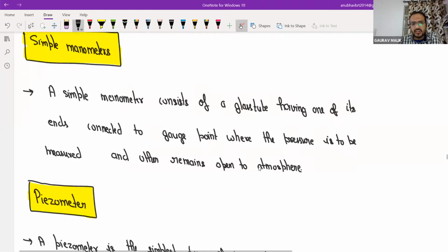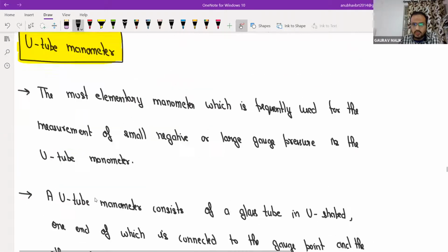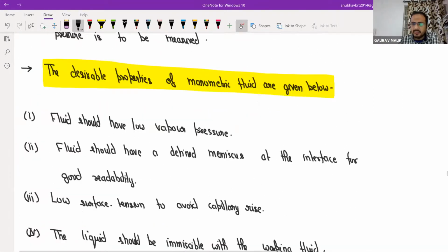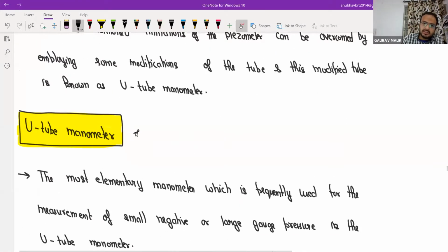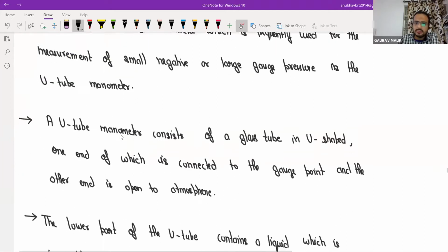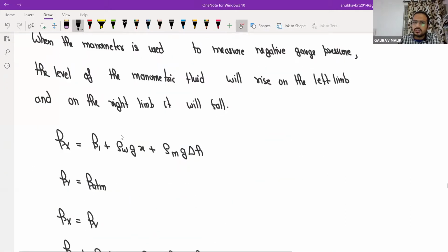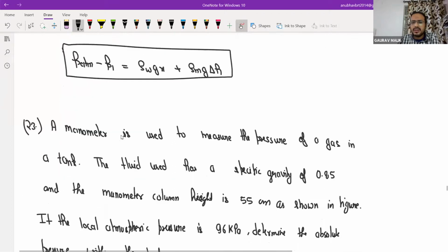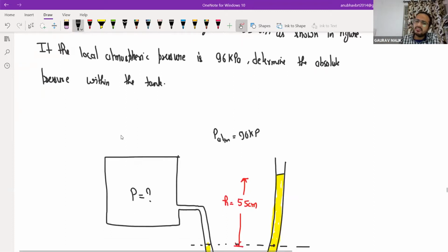Now we will study the differential manometer. Piezometer is covered. U-tube manometer is covered. The desirable properties of manometric fluid, as I told you, are important in the case of simple manometers, and in differential manometers, differential U-tube manometers are important. Only these two are important, and 99% they will ask all the questions from these two sections only. But in our syllabus they did not mention it, they just mentioned pressure measurement. That's why we covered each and everything.